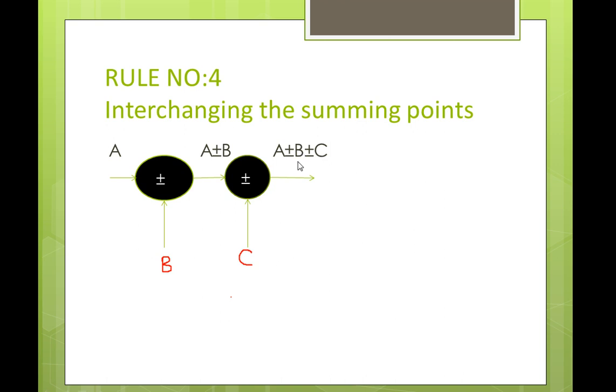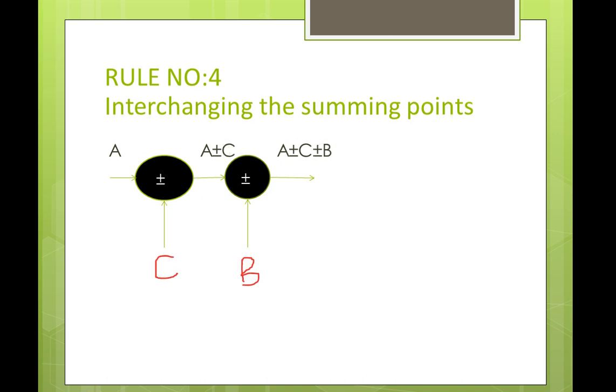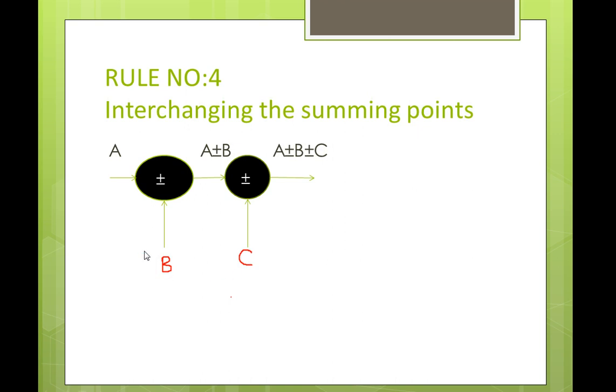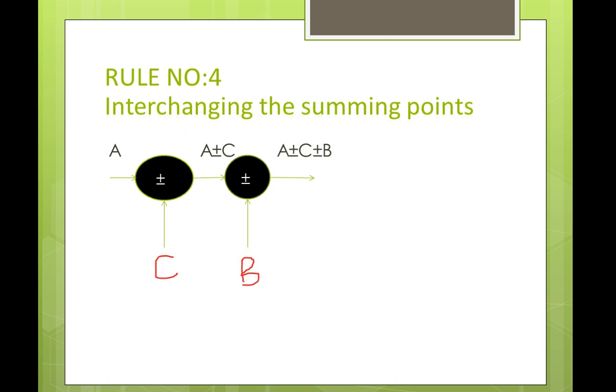I want to interchange the summing points. After interchanging the summing points also, you need to get the same output. Initially here we are having B, here we are having C. Now I am interchanging this summing point to this side and this summing point to this side. After interchanging also we need to get the same expression.